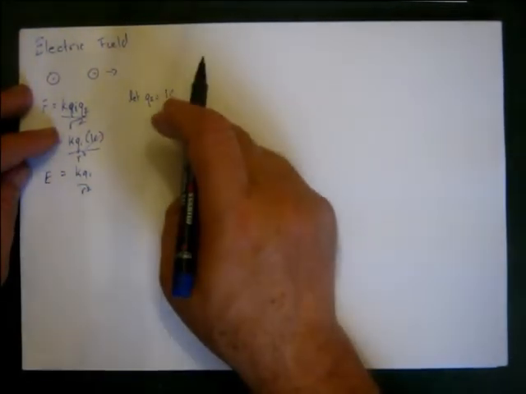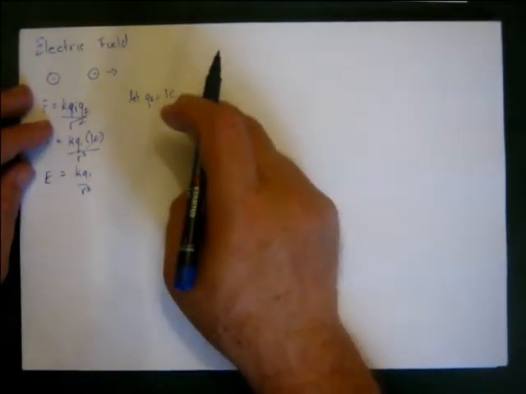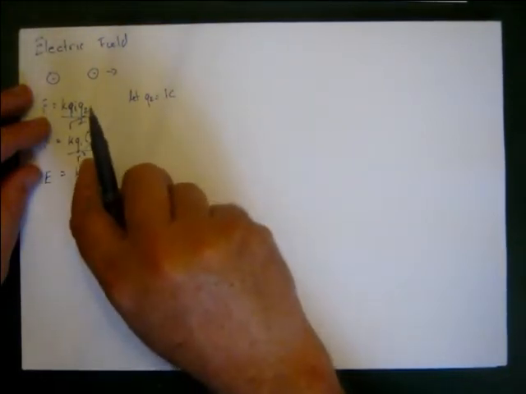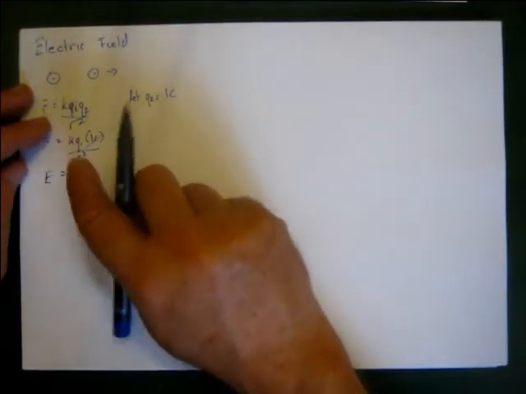So if I stick a 1 coulomb charge in there, it's going to be the same as K Q1 over R squared.